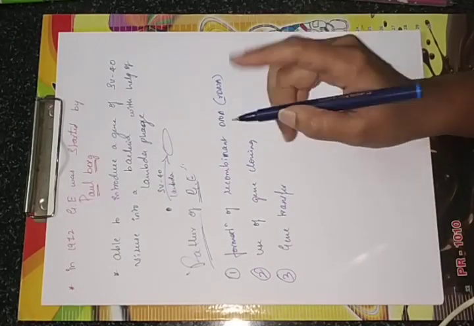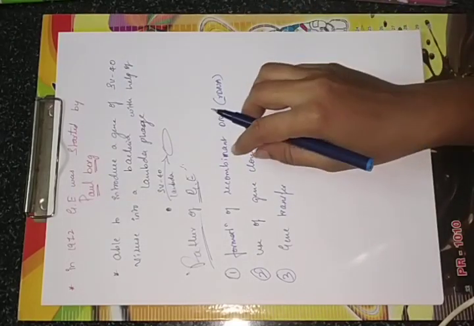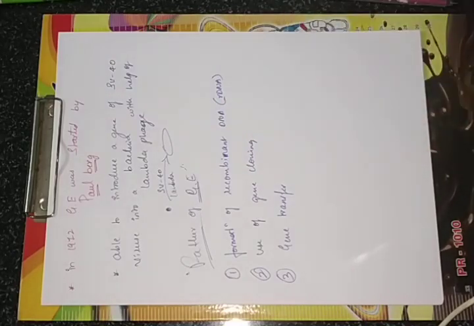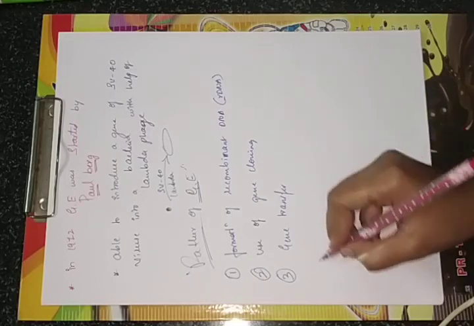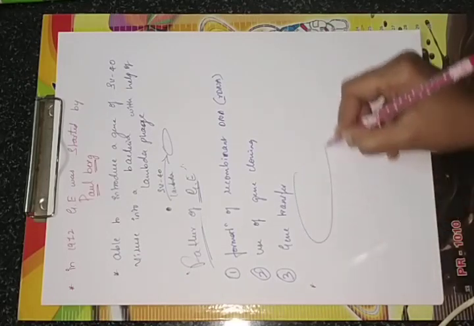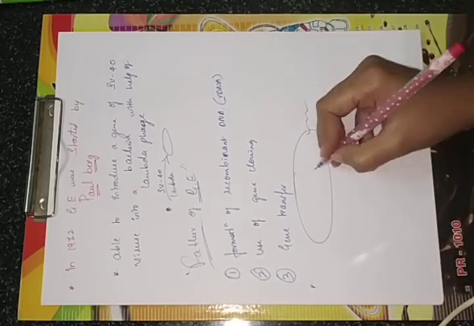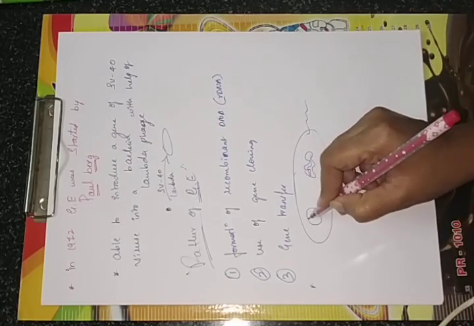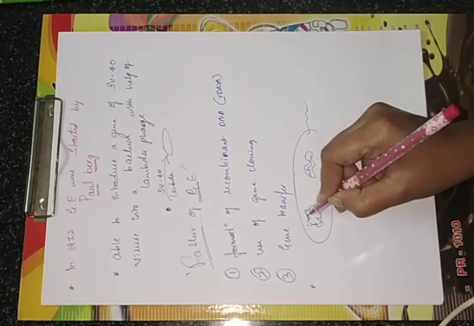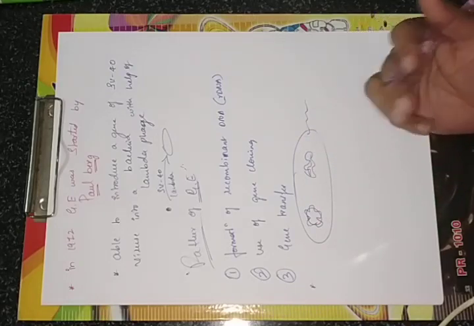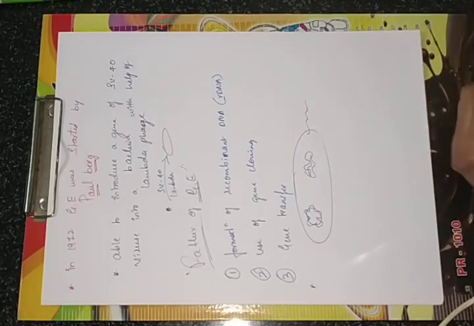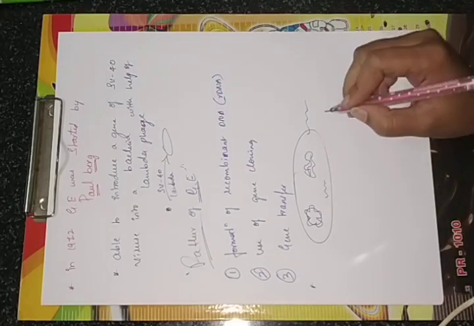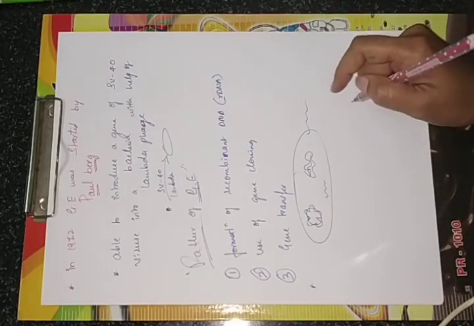A piece of DNA which is introduced into an alien organism would not be able to multiply itself in the organism. For example, see, this is a bacteria, this is the genome, and this is a plasmid. Many students will doubt why I can't introduce a DNA into the cytoplasm of the bacteria.